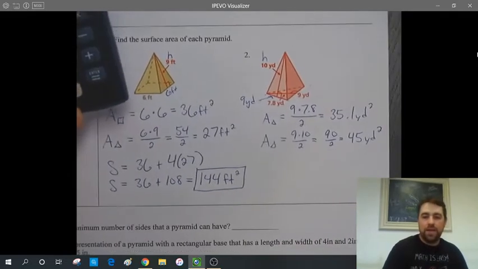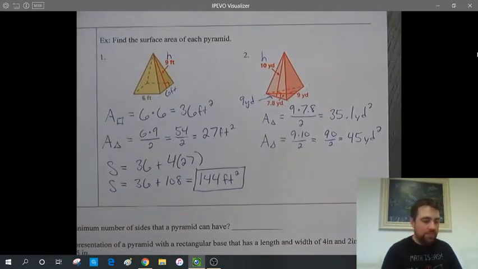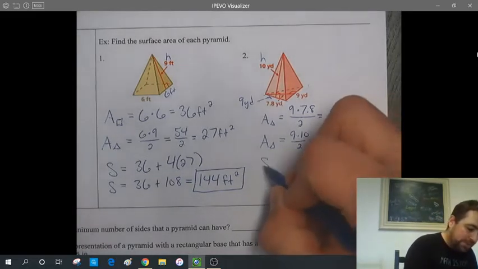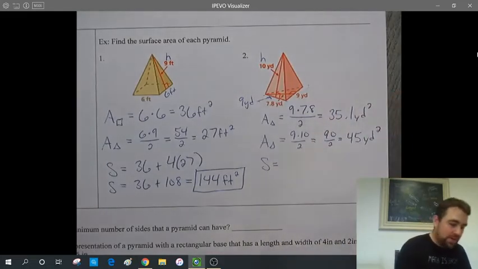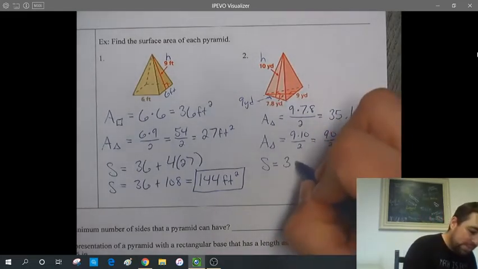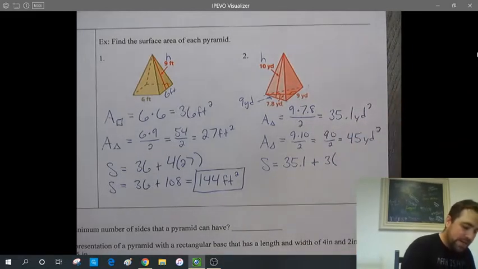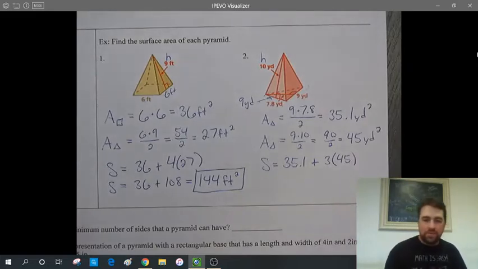Okay? And again, this is a triangular pyramid, and so on a triangular pyramid, how many lateral faces are we going to have? Just 3 this time. So instead of multiplying by 4 for that number, I'm just going to multiply by 3. So the total surface area, or S, is going to be equal to my single base, which is 35.1, plus 3 times my 45 yards squared for my lateral faces.